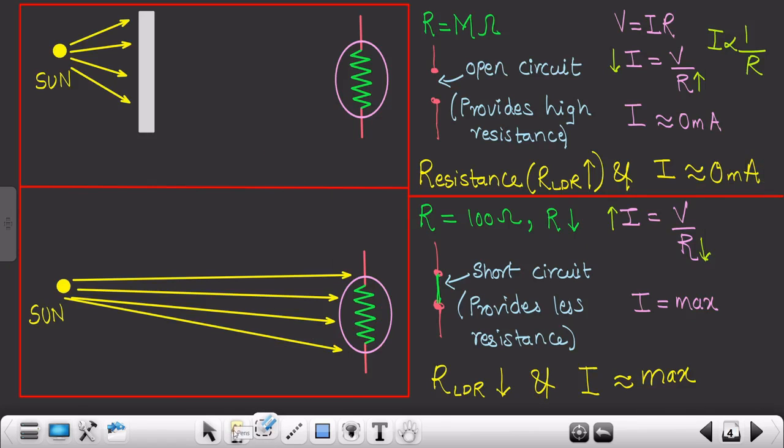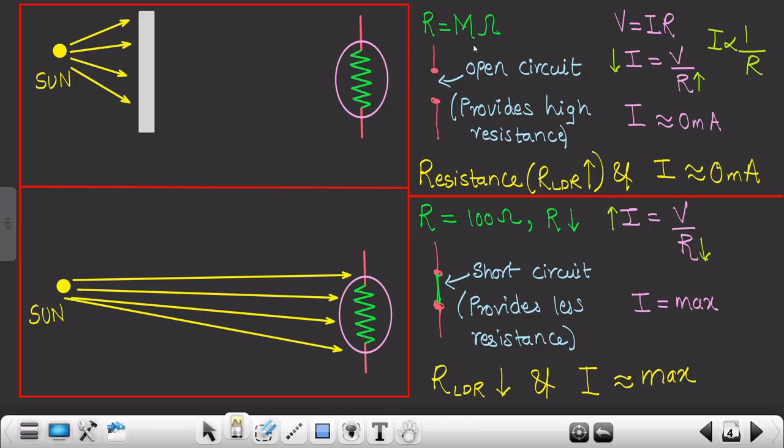All right, so let's suppose this is the light source. For instance, we had considered this is your sunlight, and we are blocking the sunlight. That means none of the light rays is reaching this particular LDR sensor, and when there isn't any light reaching this LDR sensor, it will act as if it is open circuited.